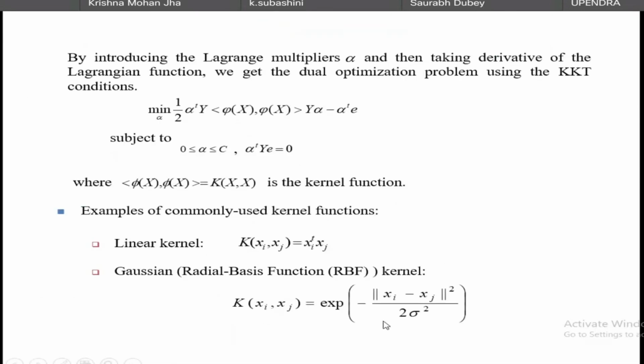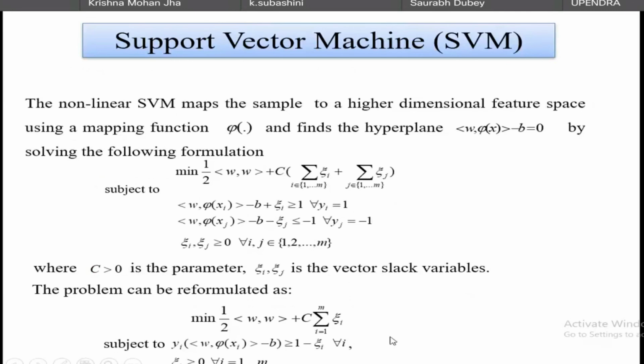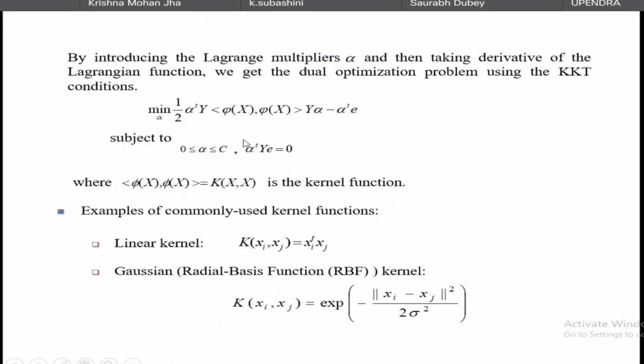One may use the Lagrangian multiplier and the KKT conditions, and we convert it into a dual form. So this will be your dual form problem that you can solve through a quadratic program. We can solve it through any toolbox. Actually, I used the MOSEK toolbox, which is a plugin with MATLAB.